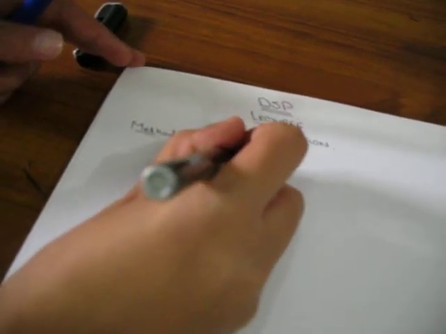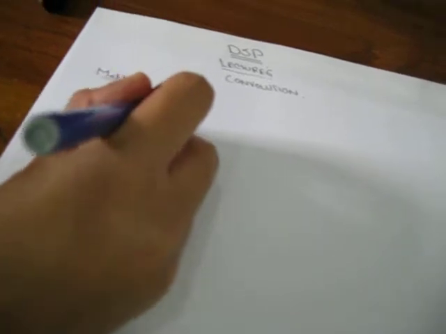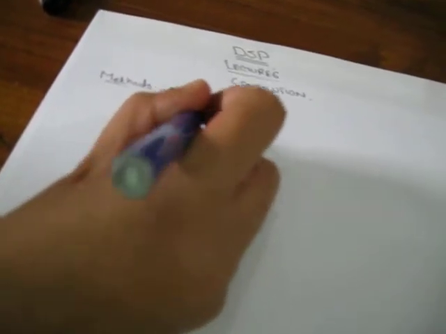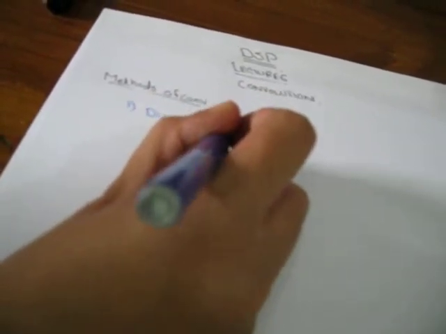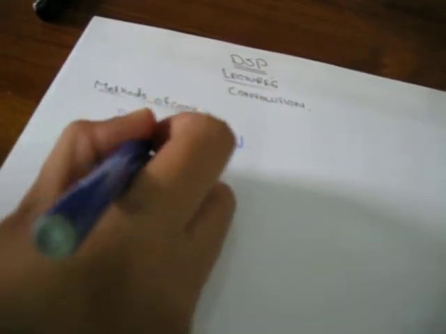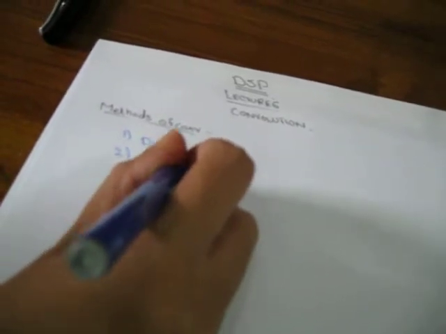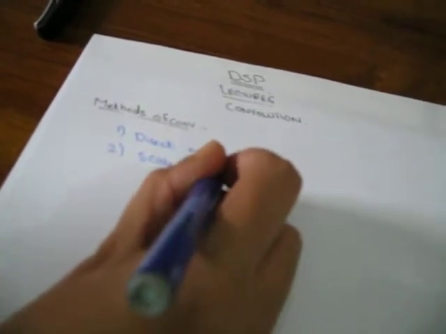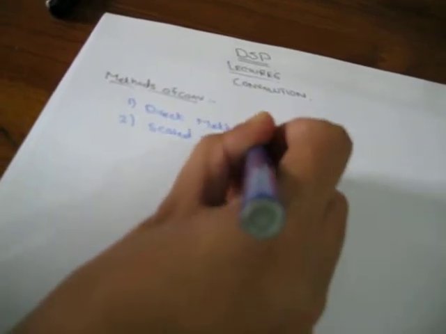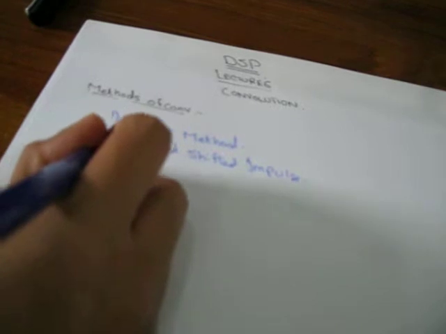There are three methods of convolution: the direct method, scaled and shifted impulses, and the flip and slide method.